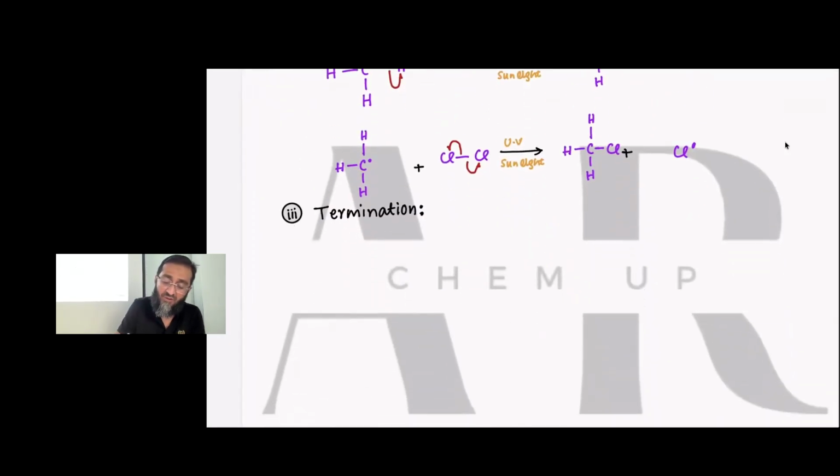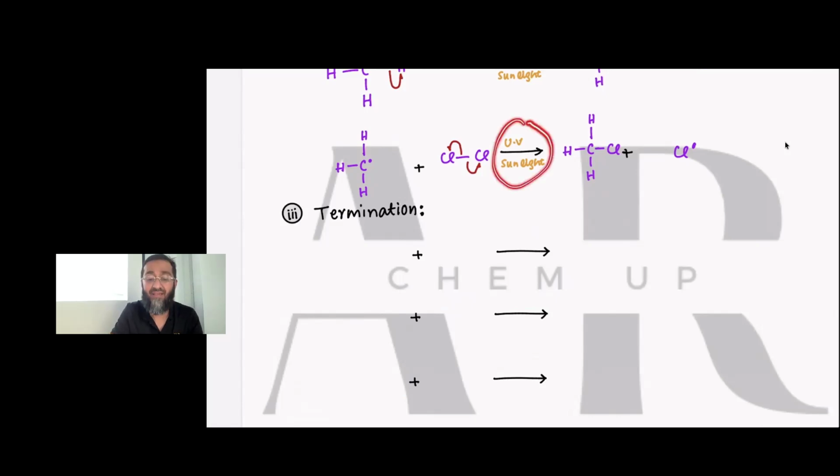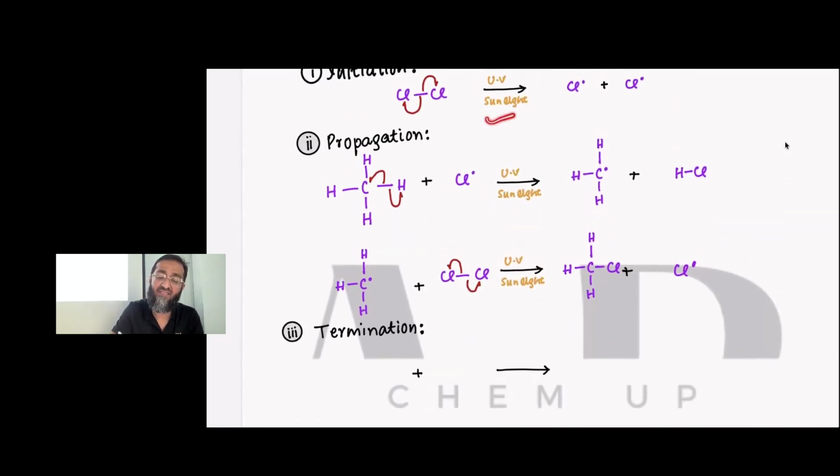So in termination, what you will do, another important thing: in termination, you are not going to mention the condition, because sunlight or UV rays are needed to break the bond. Over here, I have mentioned this condition because in each case there is a bond breaking.